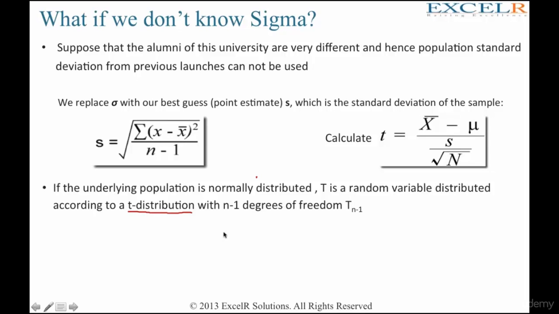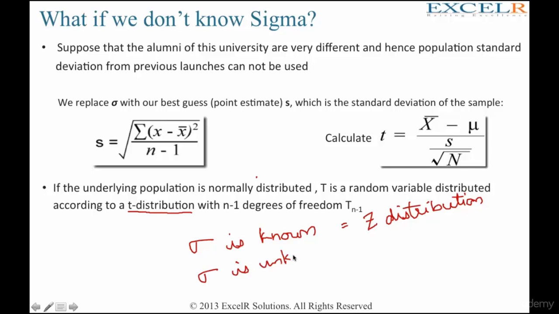So once again, I repeat, if sigma is known, until now we have used the Z distribution to calculate the confidence interval. However, if sigma is unknown, you go with the t-distribution.